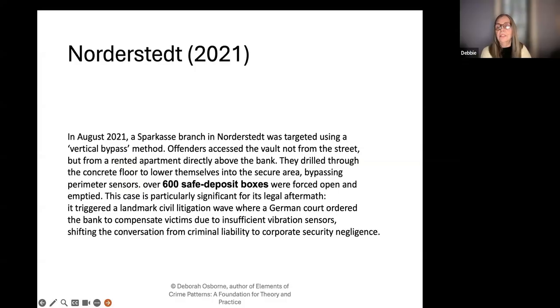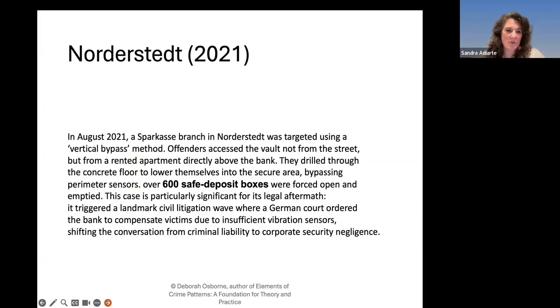Maybe you could go through this slide, Sandra. Yeah, well, Norderstedt 2021 is another case where also the same brand was actually targeted. So the Sparkasse was targeted in August 21. They used the vertical bypass this time, or this team, and they accessed the vault from the street, and actually decided to enter from a rented apartment directly above the bank.